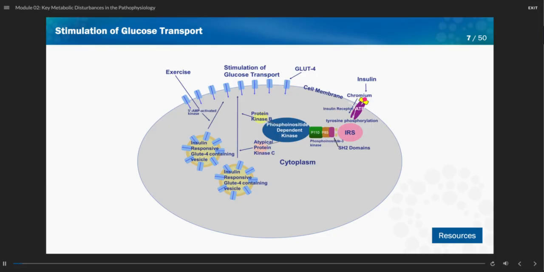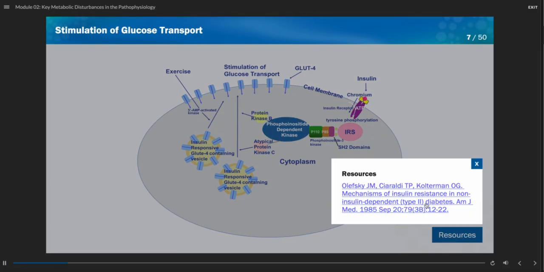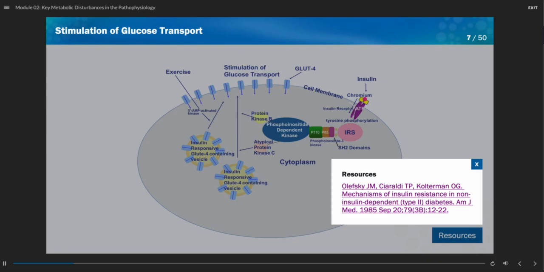What is going on inside the cells is fascinating business. I first started to read about this from Jerry Olefsky's work in the 1980s. Found it rather exciting to notice that insulin attaches to the insulin receptor. And of course, there are changes across the membrane and a tyrosine phosphorylation of the interprotein moieties.